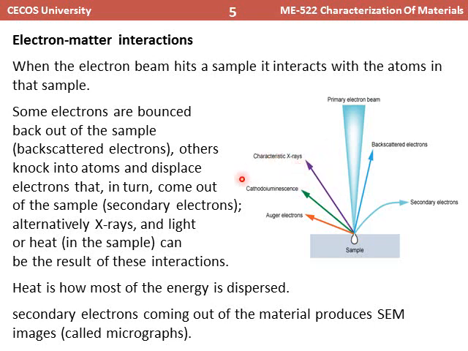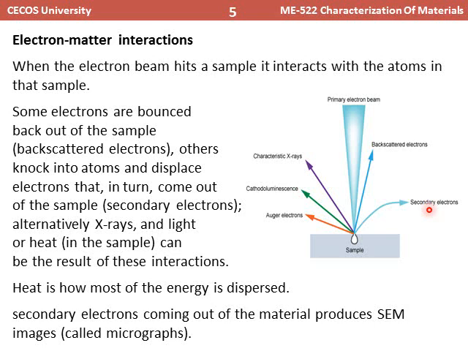The other two elements, that people who are studying scanning electron microscopy normally interact with, are cathodoluminescence and the Auger electron. But the most important concept here, in case of electron matter interaction, is either the backscattered electrons or the secondary electrons.